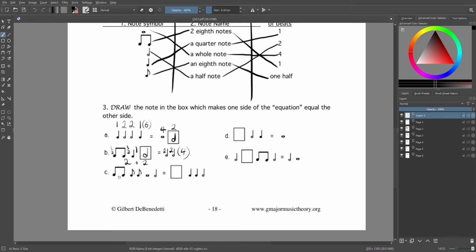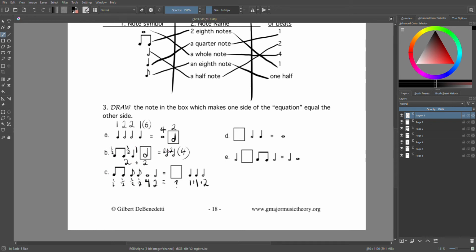Now let's take a look at down here. We have an eighth note, which is a half, another half, another half, another half, a 4, because it's a whole note. Whole notes have 4 beats. We have a half note that has 2 beats, equals something plus quarter note, which is 1, quarter note, which is 1, and then a half note, which is 2.